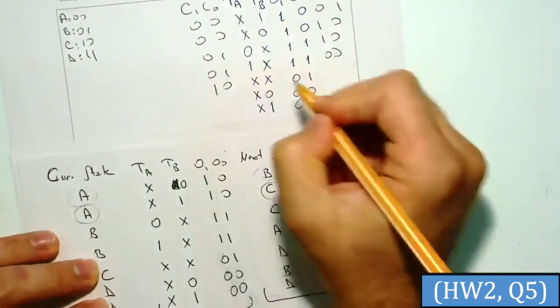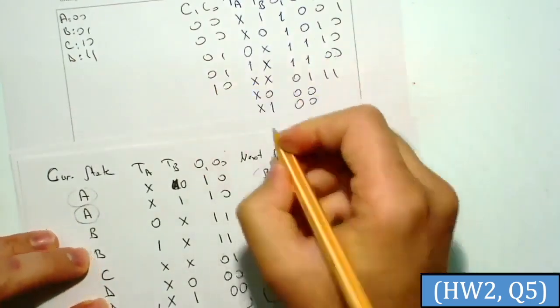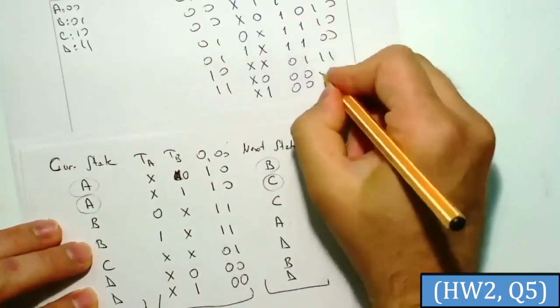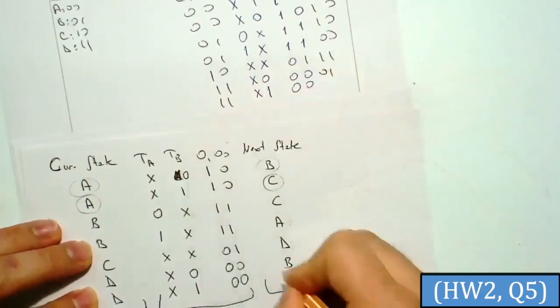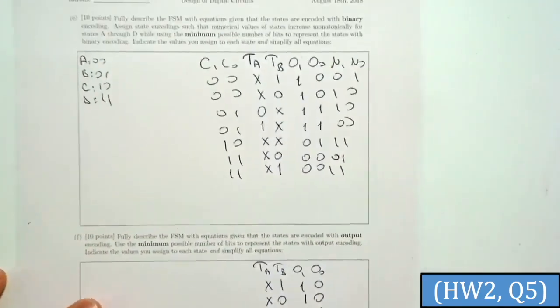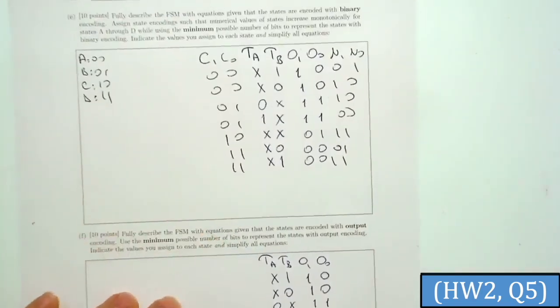For 1, 0, I have 1, 1. For 1, 1, I have 0, 1, and again for 1, 1, I have 1, 1. So this will be the truth table to represent states in a binary encoding.